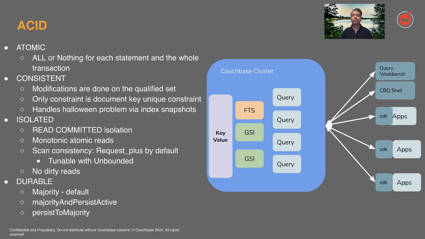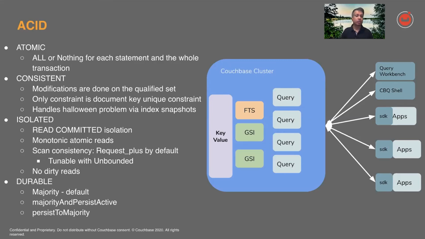In terms of isolation, we support the read committed isolation. That means all the data that we read from the index is data that was committed. All the reads that we do from the KV are also committed reads.